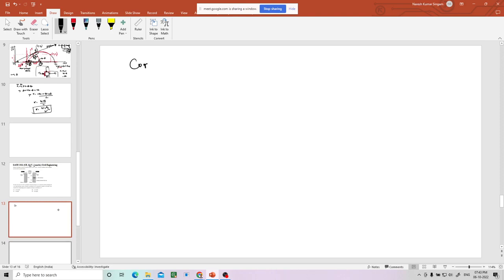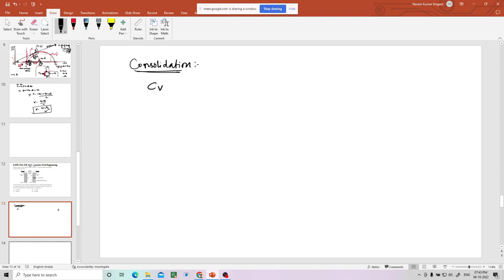I have already discussed consolidation. I have already discussed the one-dimensional consolidation equation. After solving that, we have got 2-3 different parameters.